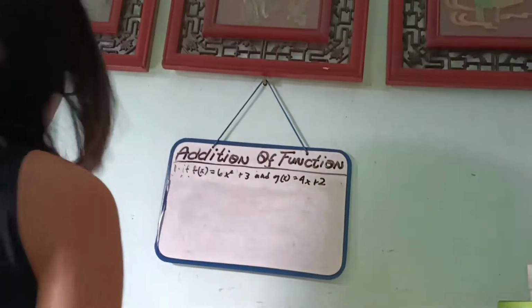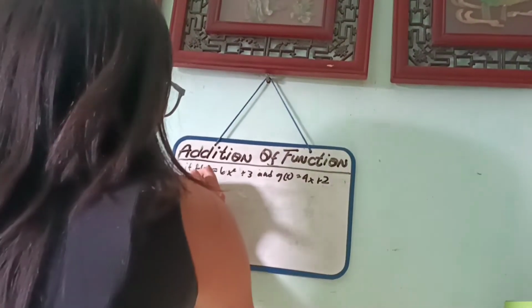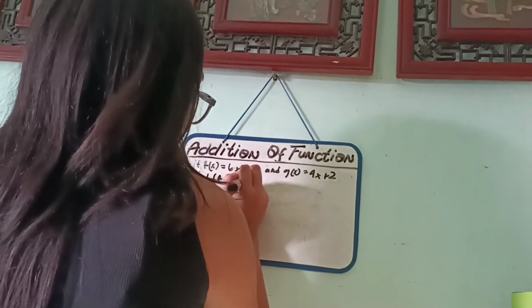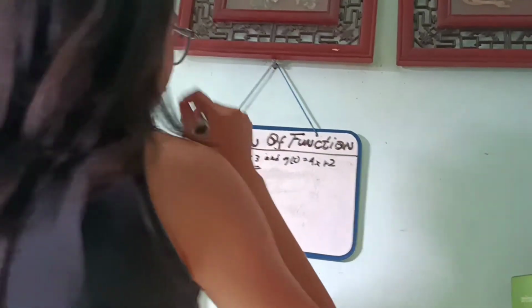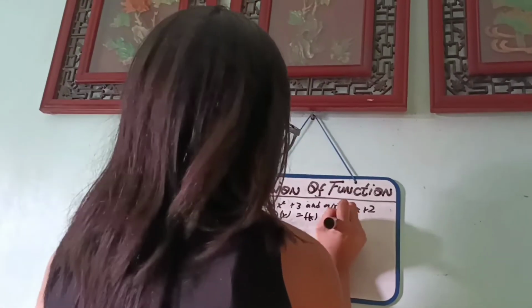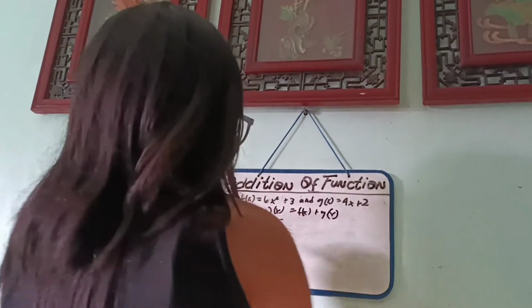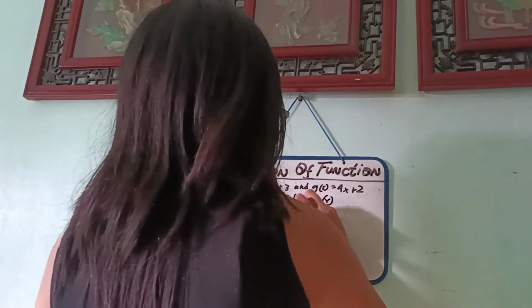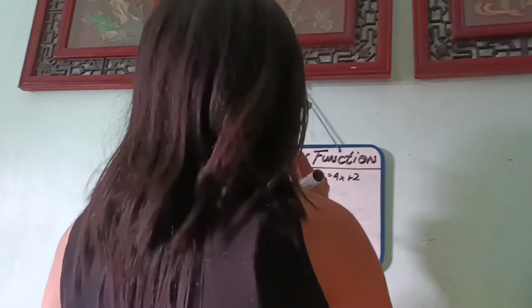Same steps again. Let's find f plus g of x. F of x is 6x squared plus 3, plus g of x, which is 4x plus 2.